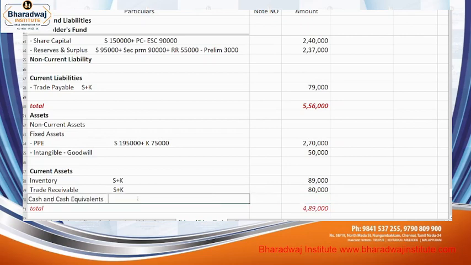Cash and cash equivalents, S plus K. Tell me the balance first. 90,000 minus debentures repaid, minus expenses, preliminary expenses, 3,000.